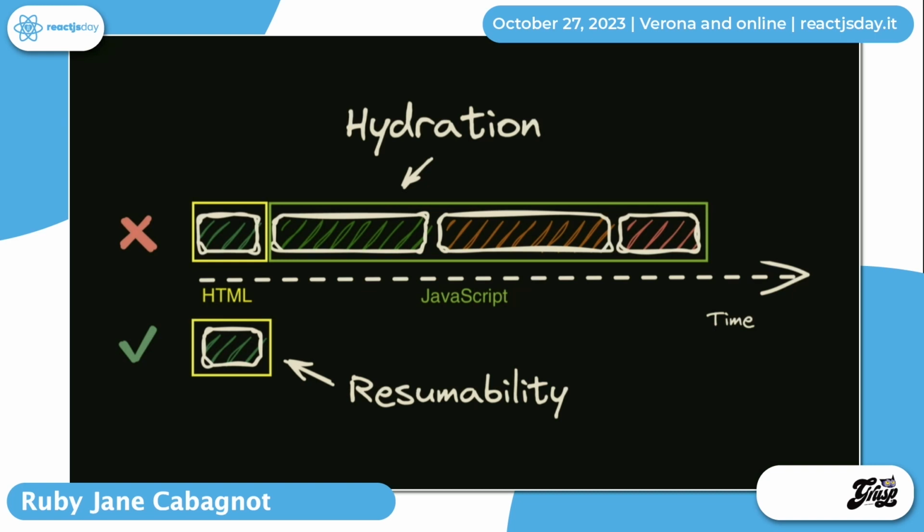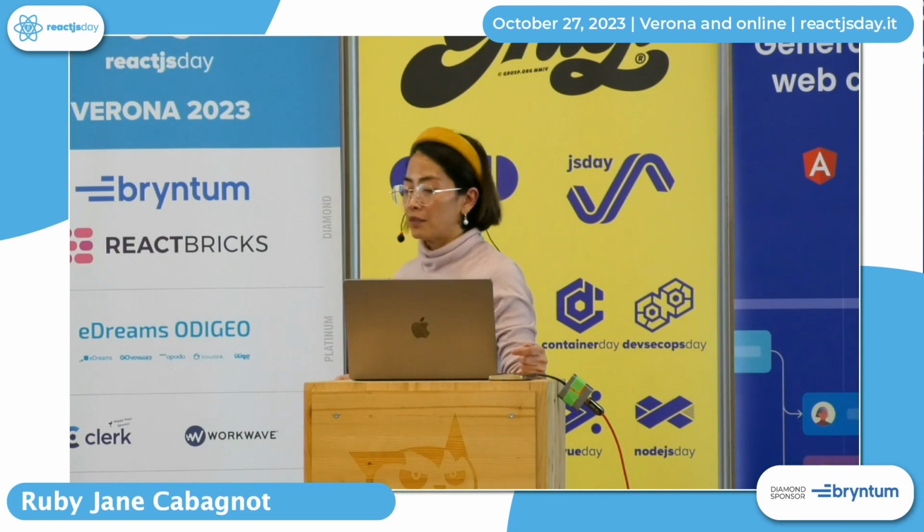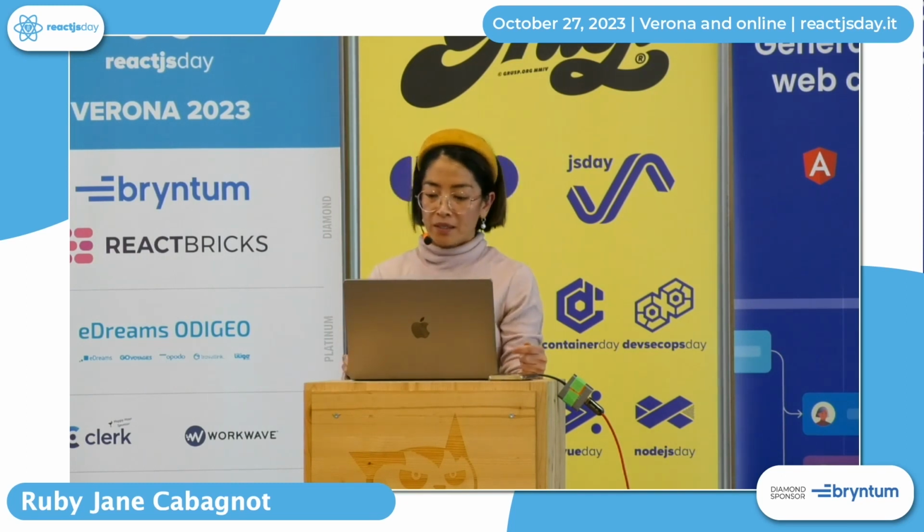But for Qwik, its primary premise is to serve HTML with minimal JavaScript, then only add JavaScript as needed, and thus significantly improve web page loading performance, regardless of your site complexity or no matter how big your application gets. Because Qwik skips hydration, your applications are instantly interactive. And this is accomplished by what they call resumability.